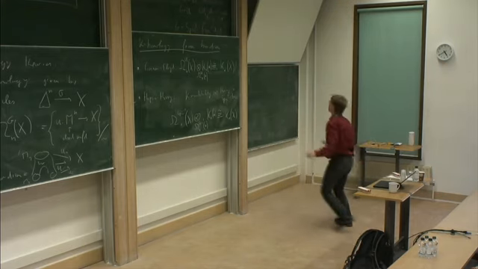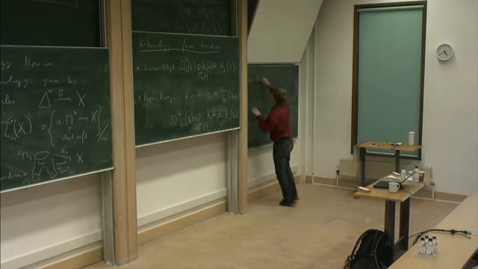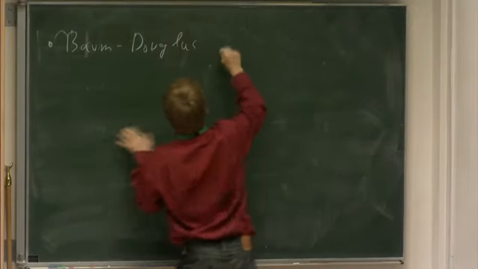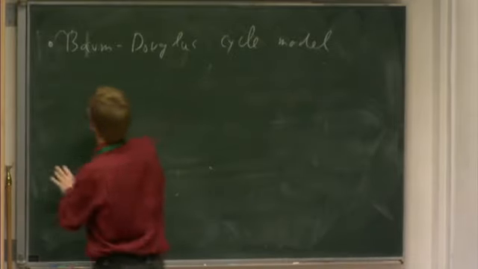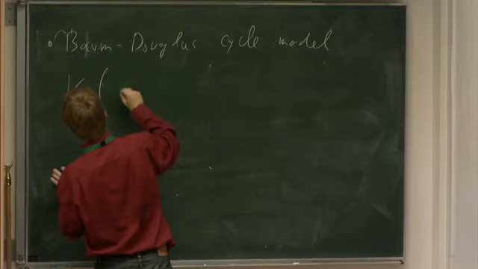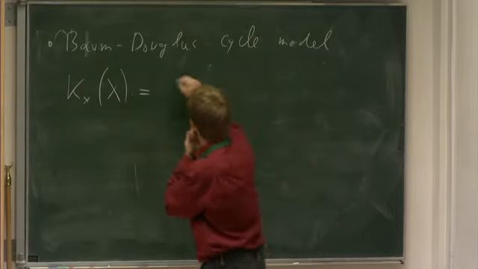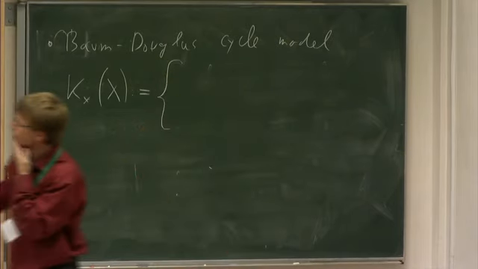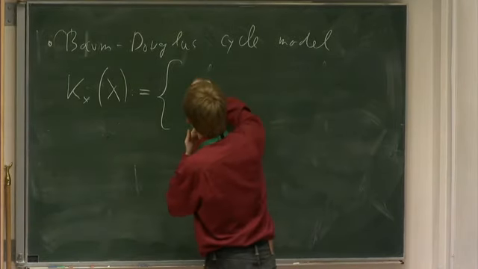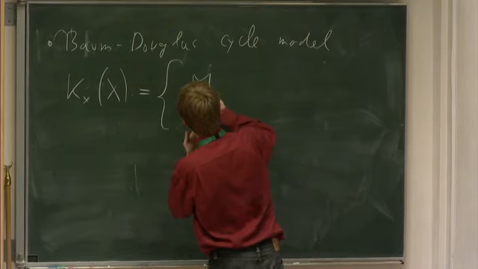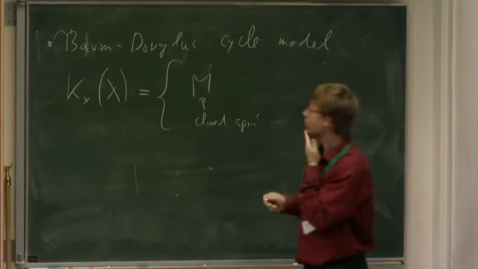Is the Baum-Douglas cycle model. So what that says is K-homology of X is obtained from cycles of this kind. So we have M, which is a closed spin C manifold, so it has a spin C structure as before.